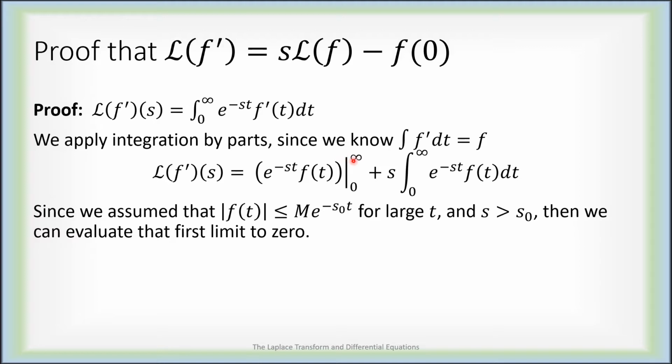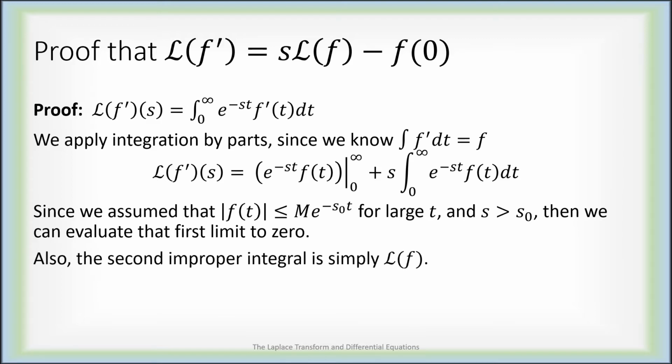Therefore, as this upper limit goes to infinity, we basically have a more negative exponential times something smaller than a less negative exponential. Overall, this looks like a negative power on an exponent, and as this goes to infinity, that will go to 0. And the second improper integral is just s times the Laplace transform of f.